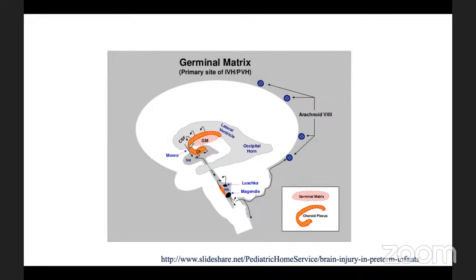The CSF flows through the foramen of Monro into the third ventricle, and from the third ventricle through the aqueduct into the fourth ventricle. From the fourth ventricle it goes through the foramina of Magendie and Luschka to the brain's surface, and finally it is absorbed by the arachnoid villi.